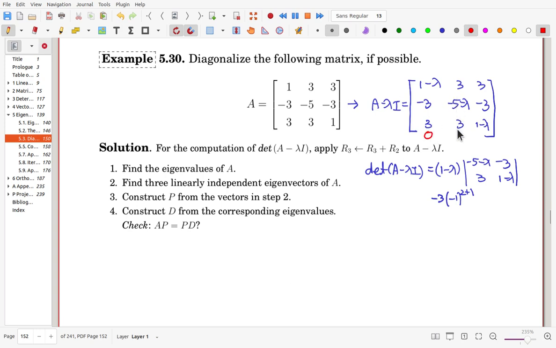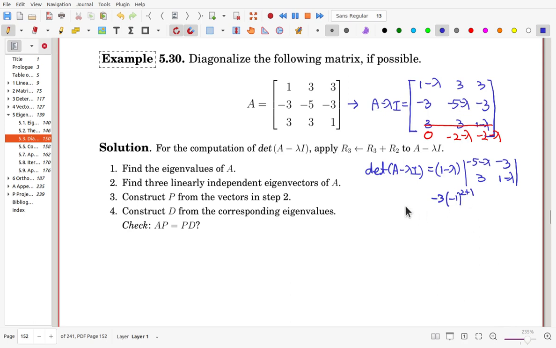After adding, this one is minus 2 minus lambda, and by adding, that is again minus 2 minus lambda. So rather than that one, we can use that one. We want to simplify the computation.